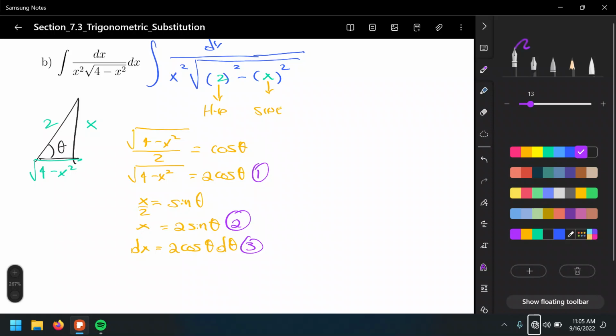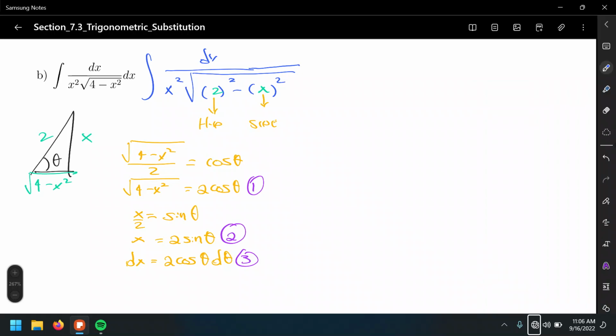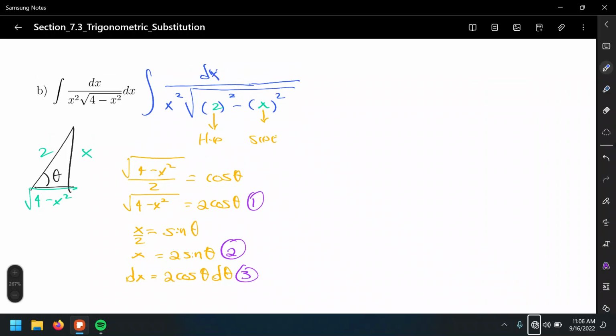So number one, the integral: dx will be replaced with the quantity 2 cosine theta d theta, divided by, notice we have this quantity x squared, but we have an expression for x, don't we, which is 2 sine theta.